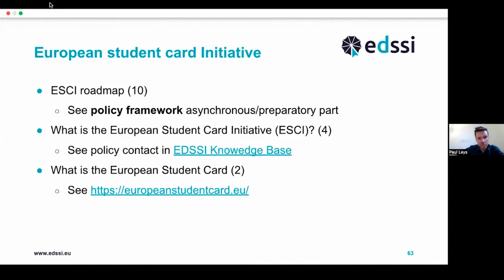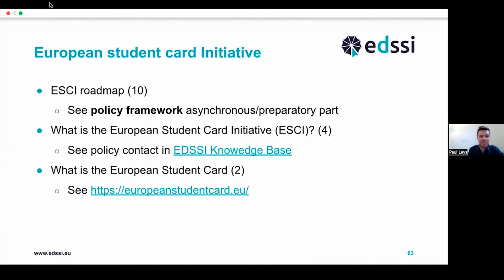There were also some questions about the European Student Card. It's out of scope, I would say, of EDSSI, at least EDSSI 1. But it's also one of the things that are part of the European Student Card Initiative, where basically the European Student Card is not about the card, it's about student identification.